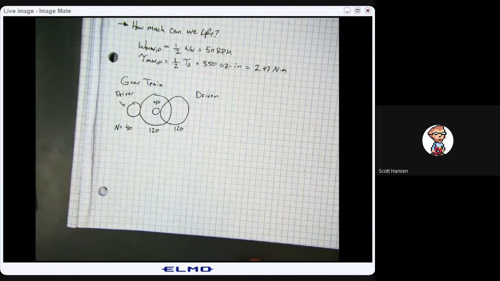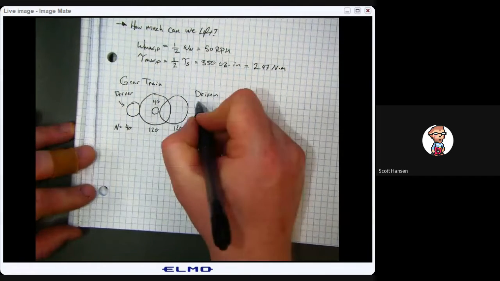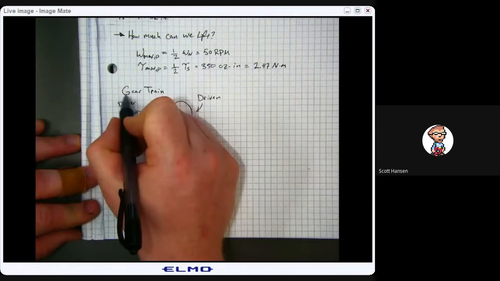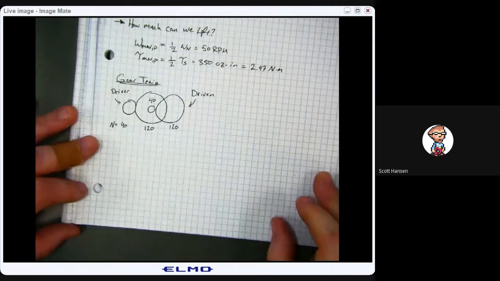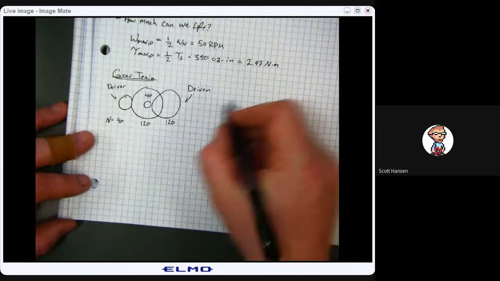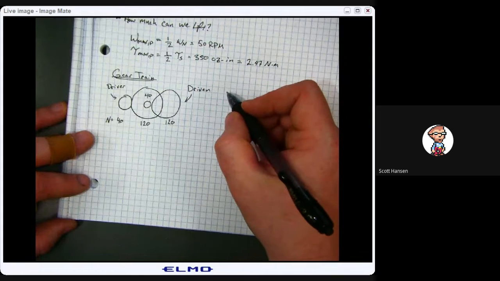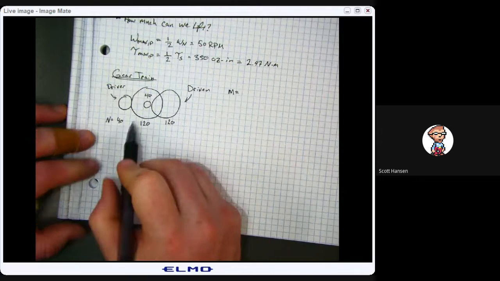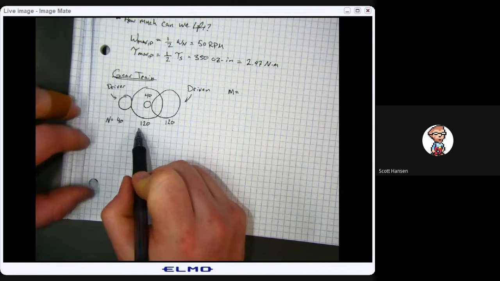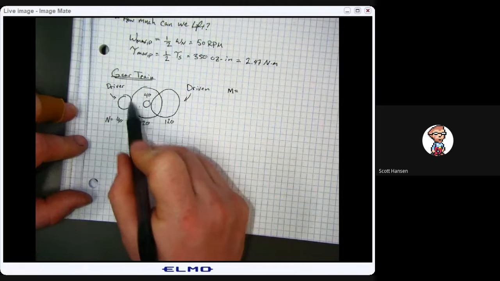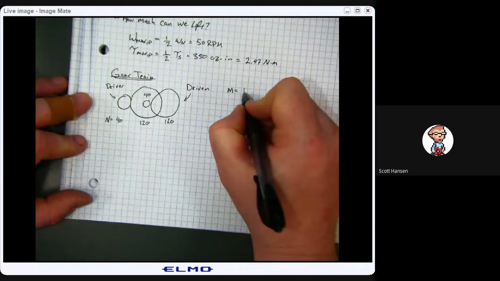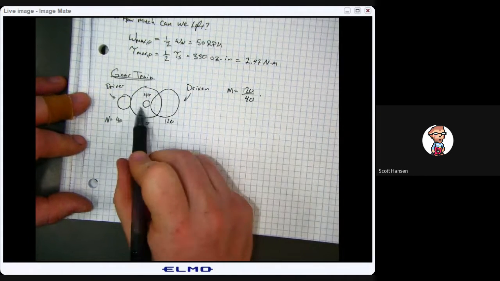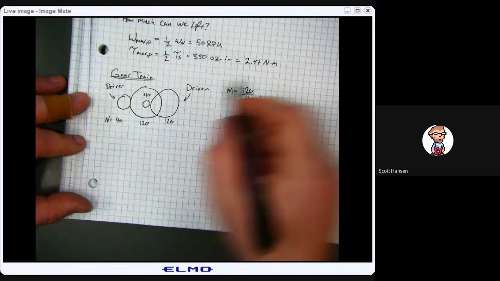So I can figure out the gear ratio. Let me label that and underline it so I know I'm talking about my gear train. Calculating my gear ratio between these first two pairs of gears, output over input is 120 over 40 times the next gear pair, which is the same thing with this compound gear, 120 divided by 40.